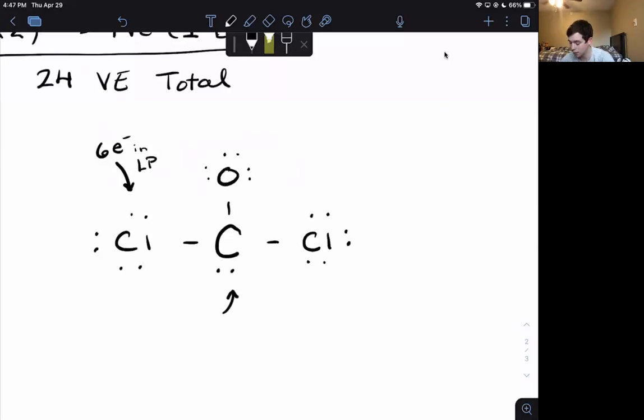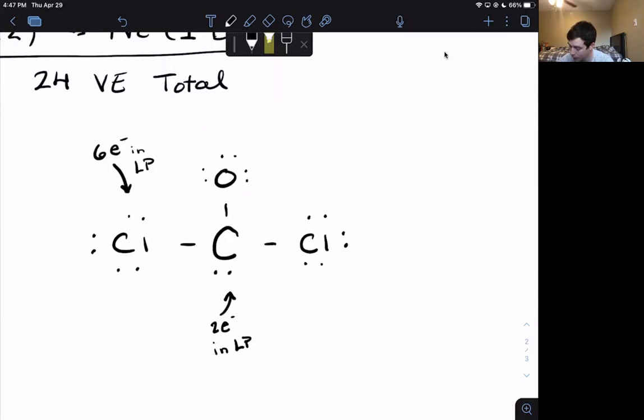This has 2 electrons in lone pairs, and 3 in bonds, or 6 electrons in bonds in 3 bonds. And oxygen has 6 electrons in lone pairs. And then we see 2 electrons assigned to each of those, 2 more there, and 2 more there from each of those bonds. So we see that everything has an octet, which is good so far.